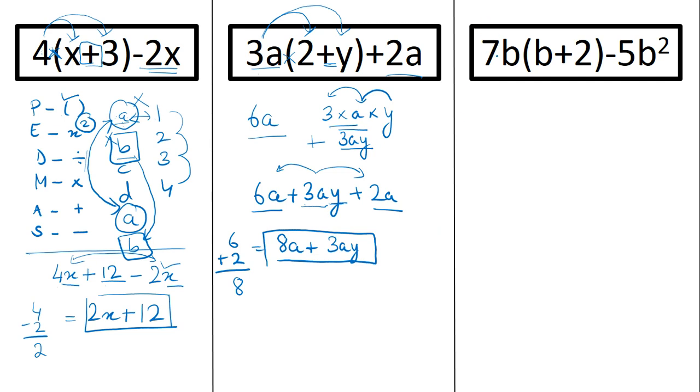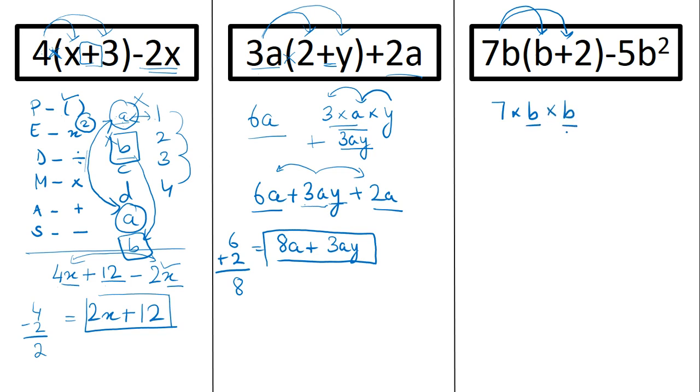Moving on, now 7b, b, and 2. So again, the 7b multiplies with the b, and then the 7b again multiplies with the 2. Now 7b times b, which means that it's 7 times the b, which is already there as 7b, times another b.